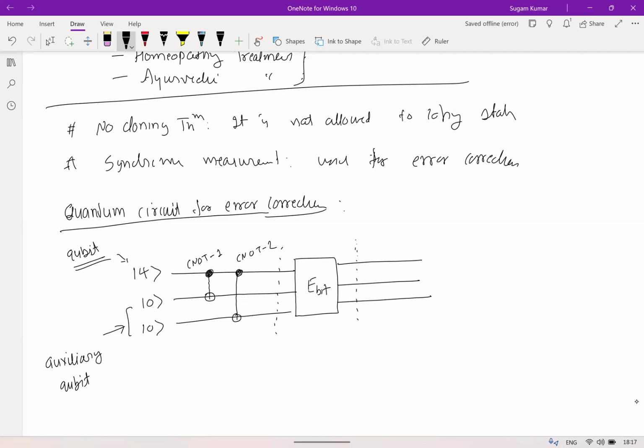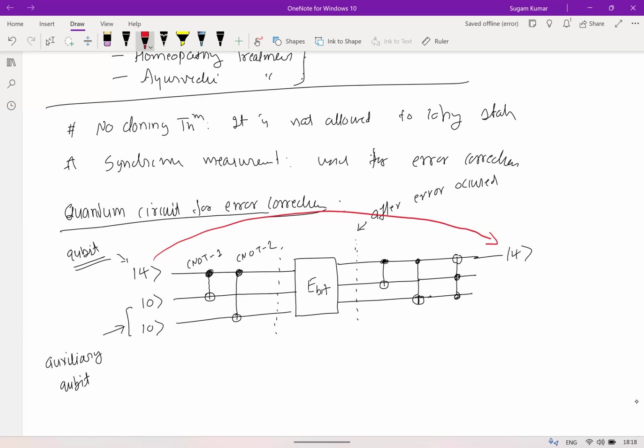So whatever changes happen here, this is after the error occurred. So once the error occurred, then you have this one. So what you do after this, you apply one more CNOT between the first and second, another CNOT between the first and the third. After that, you apply the CCNOT gate. Now we discussed this CCNOT gate, and you will see you will get the original state back.